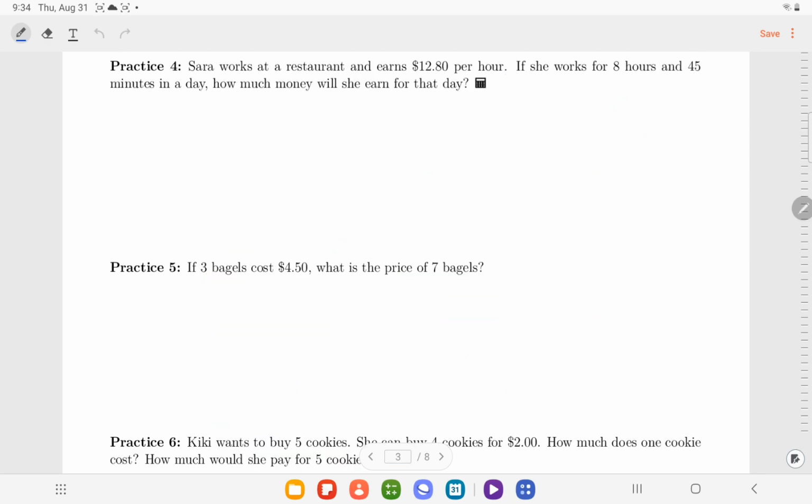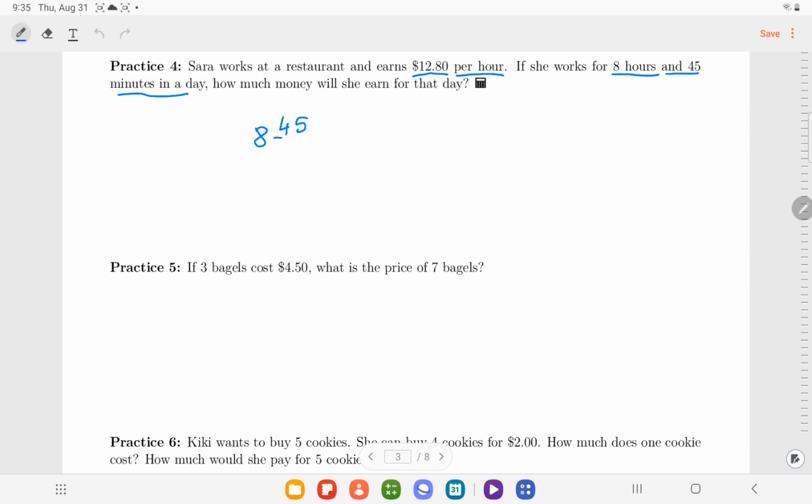Sarah works at a restaurant. She gets $12.80 each hour. If she works for 8 hours and 45 minutes in a day, how much money will she earn per day? We are given the time of her work. She works for 8 hours and 45 minutes.